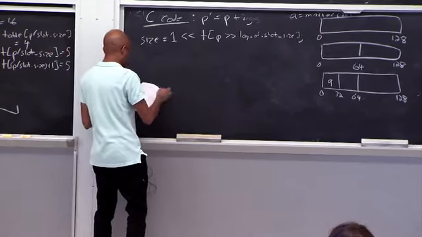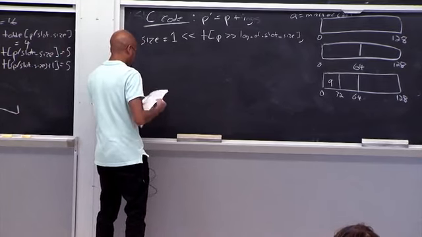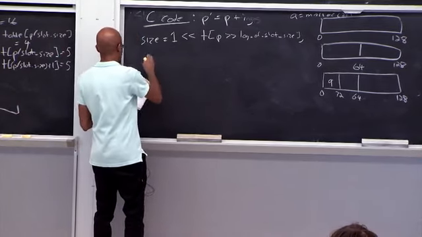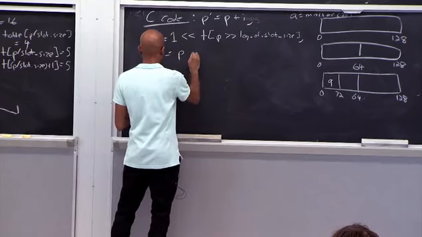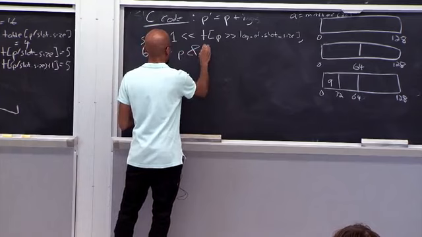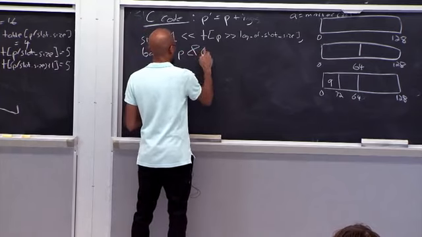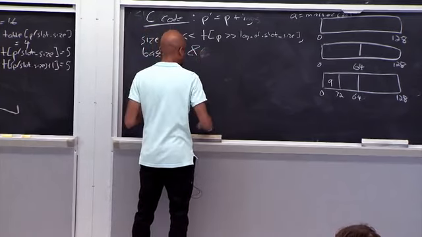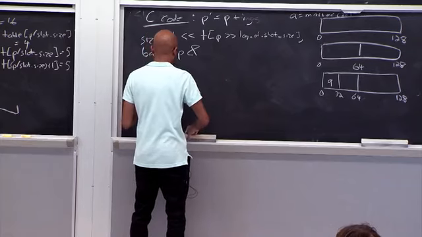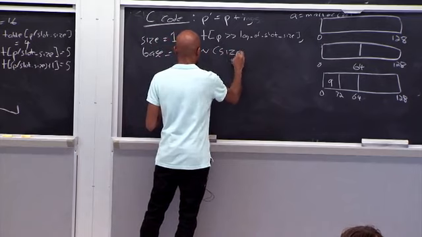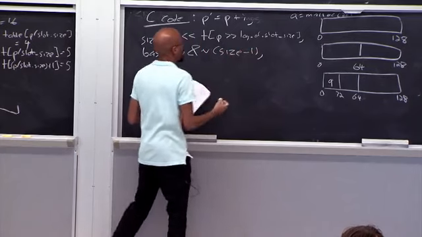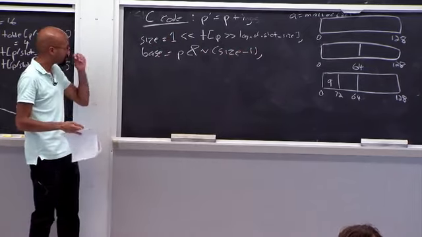Okay? And then if we want to find the base of that pointer, we take the pointer itself, and then we're going to AND that with the size minus 1.